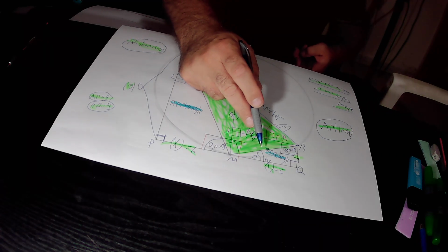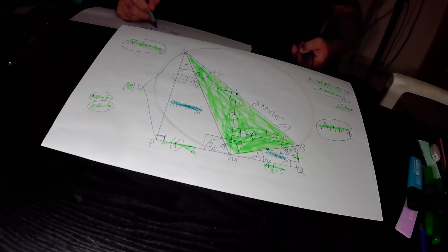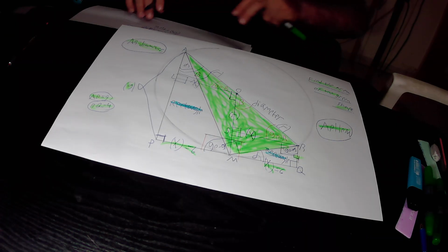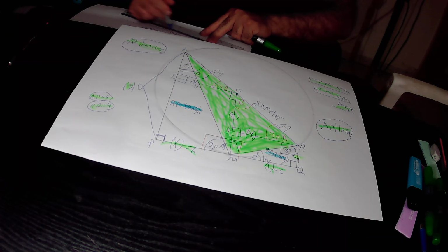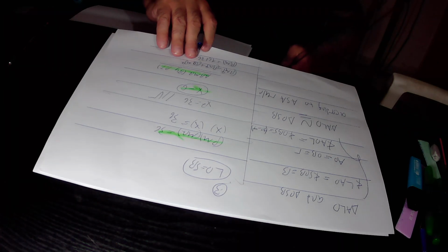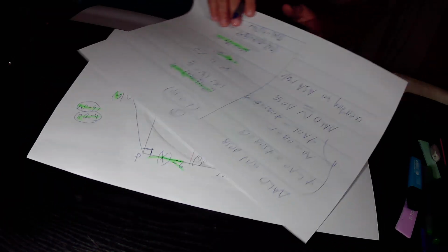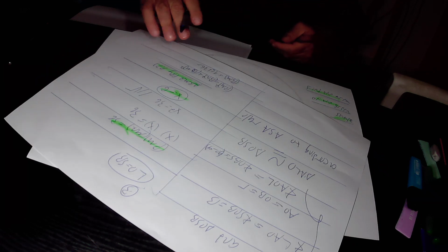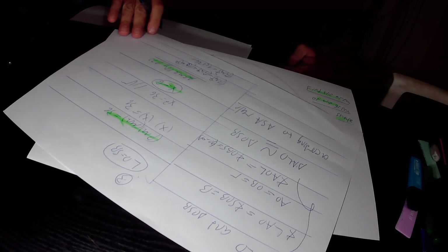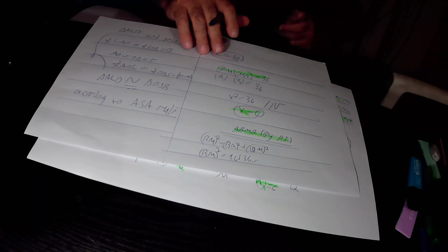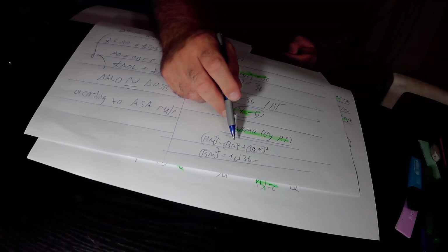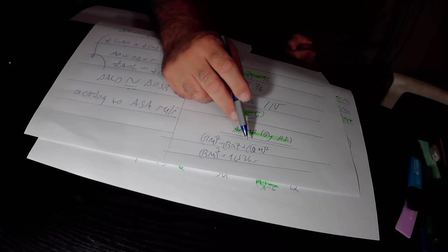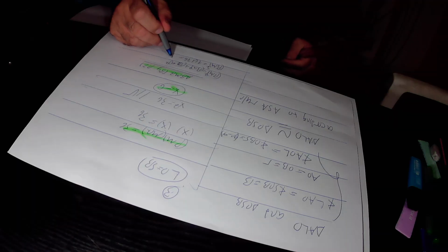QM is 6, therefore QM squared is 6 squared, that is 36. So in total, we have found out that BM squared equals 16 plus 36. 16 plus 36 is 52.